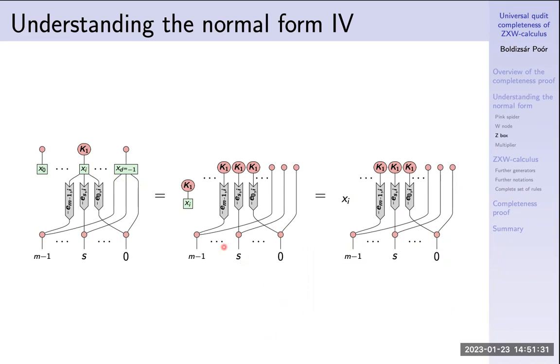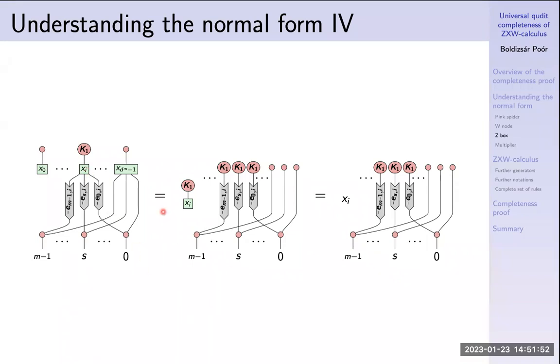And also something worth noting is that because Z spiders and Z boxes are so closely related, by their definition, most of the time you can think about them in the same way. And here just as well, the basis states will copy through these things.